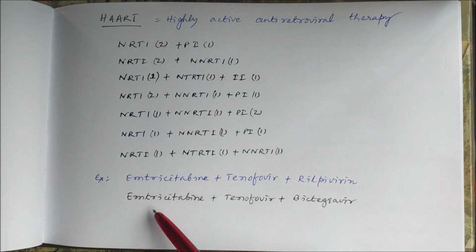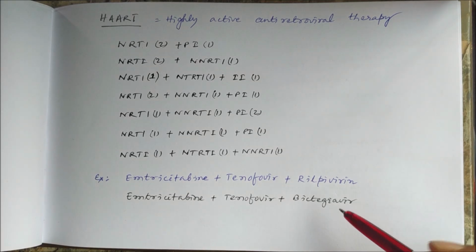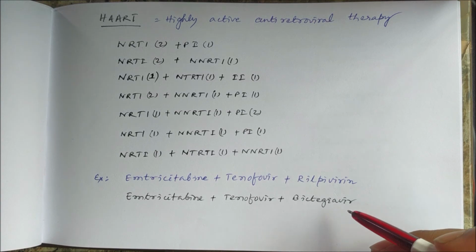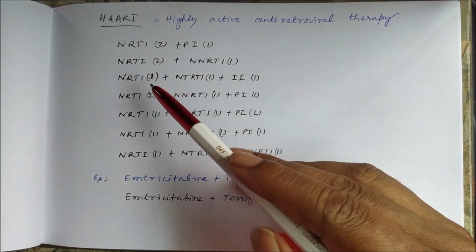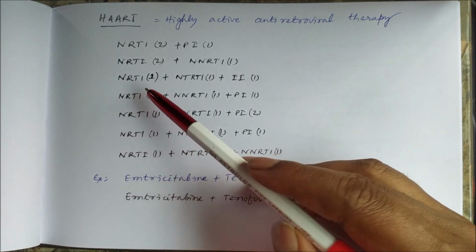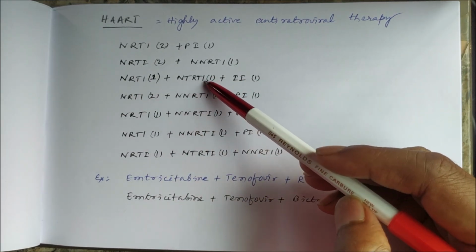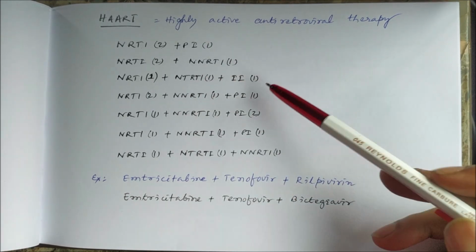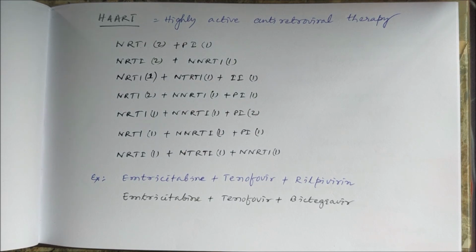Another example, emtricitabine plus tenofovir plus bictegravir. So this is one example of one nucleoside reverse transcriptase inhibitor, one nucleotide reverse transcriptase inhibitor, and one integrase inhibitor. So this is all about antiretroviral drugs.